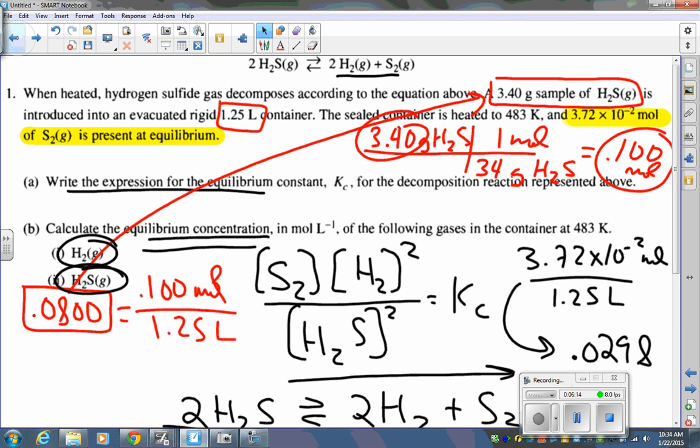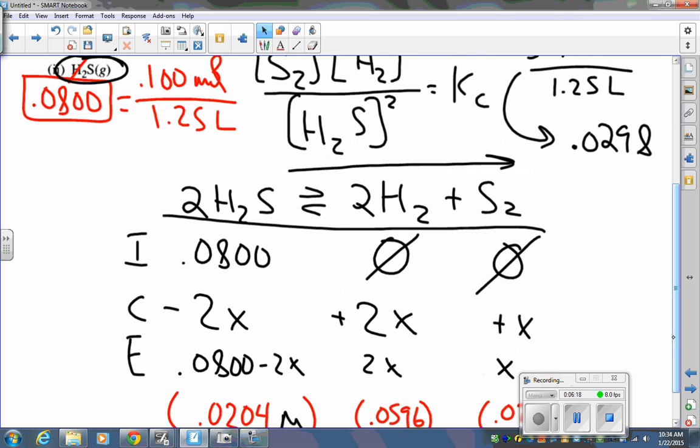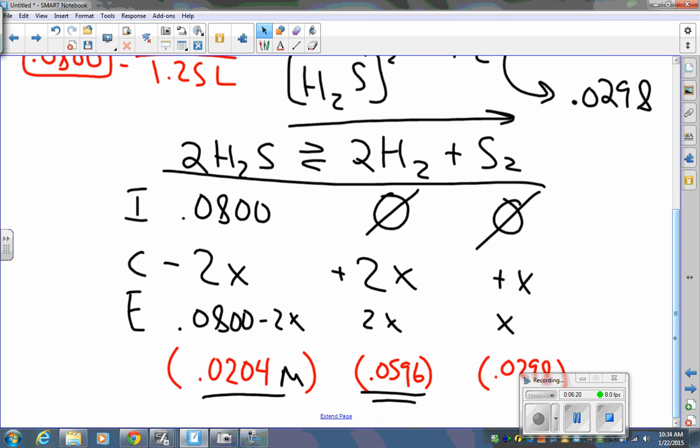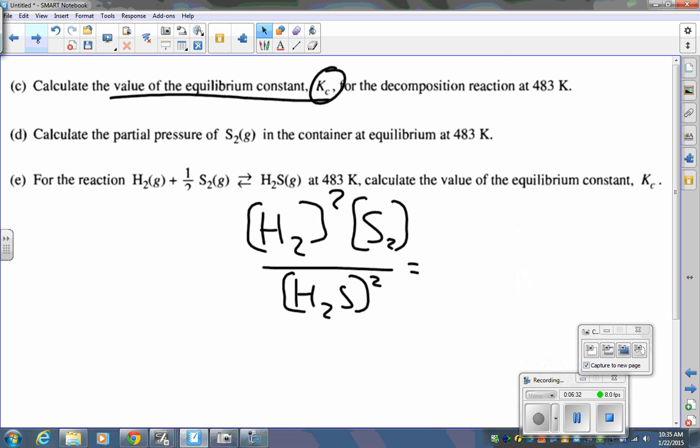I have 0.0204, 0.0596, and 0.0298. So when I go over here, I'm going to take the S2, which was 0.0298.